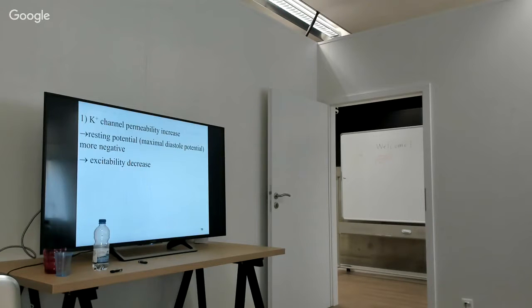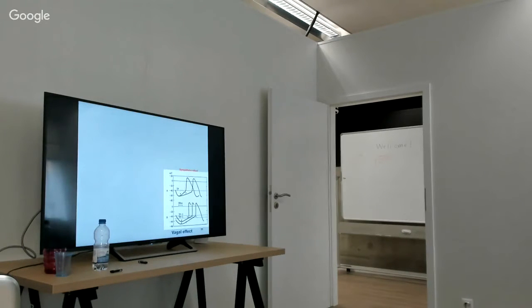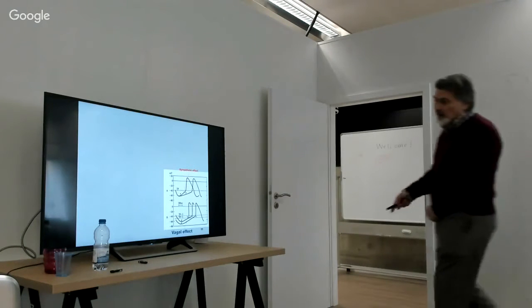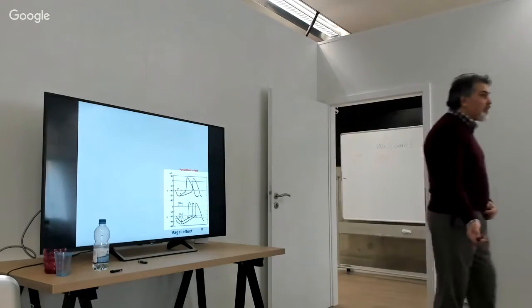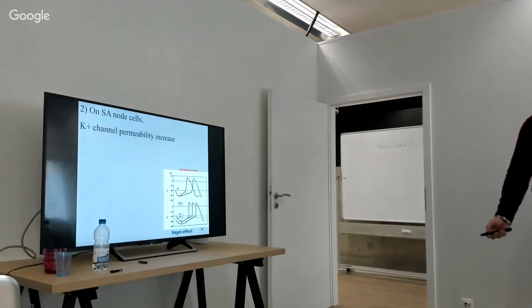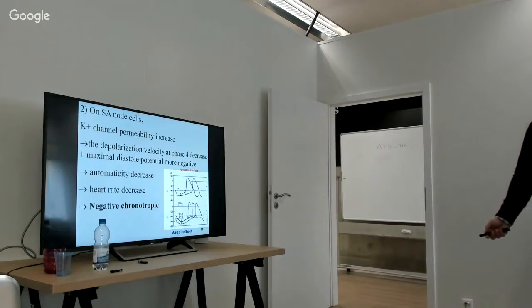And this effect determines a more negative potential and slows down the potential. Pacemaker potential decreases, more negative, automaticity decreases, heart rate decreases. This is called the negative chronotropic effect.